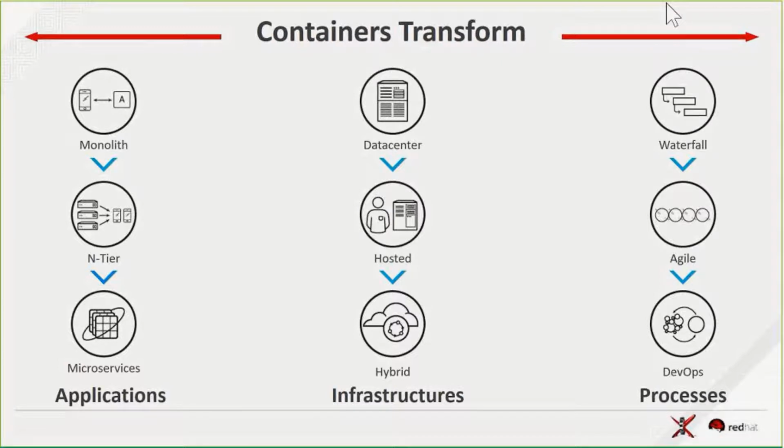So when we talk about today, we talk about containers as part of one of the platforms. We talked about digital transformation as the headlining piece of it. So as part of digital transformation, containers can play a vital role in that transformation process. As you can see here, Red Hat does provide solutions for various areas within your organization, depending on wherever you are as it relates to your application, infrastructure, and processes.